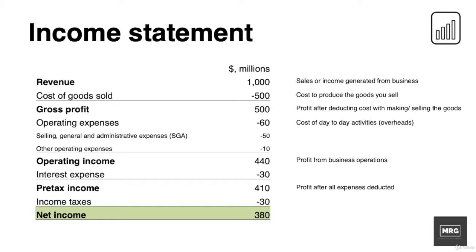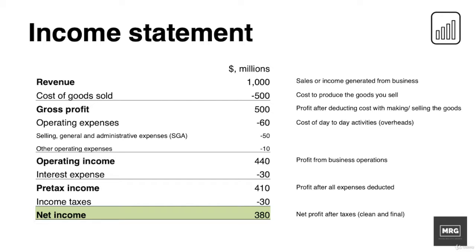And the last portion that you need to deduct is the taxes. So a company income tax of say 30 million for this example, you will reach a net profit of 380 million. So this is the net profit after taxes. It's clean and final for the year. So you sell 1 billion worth of goods, and the net income that you have is 380 million.